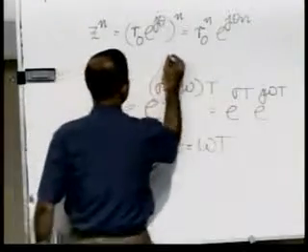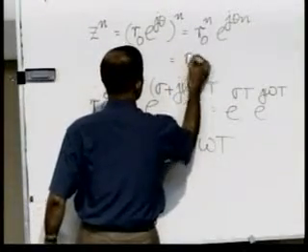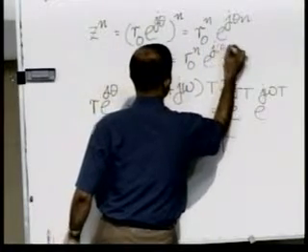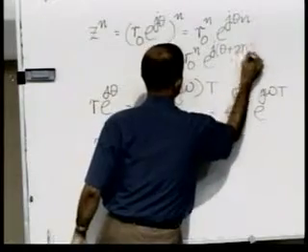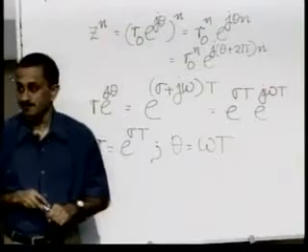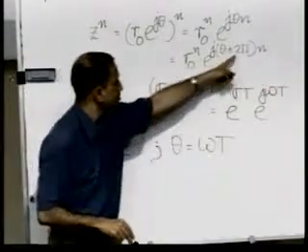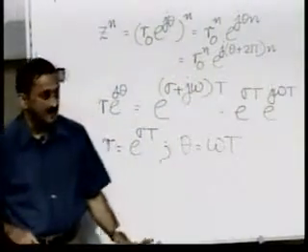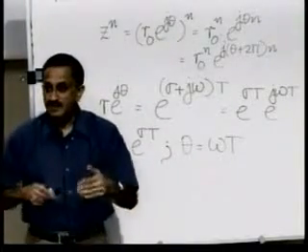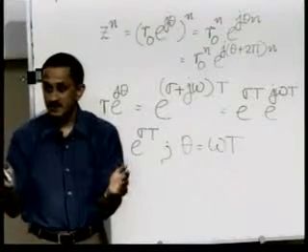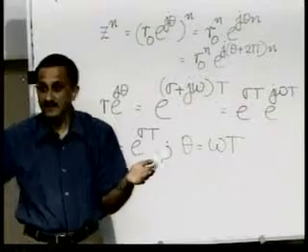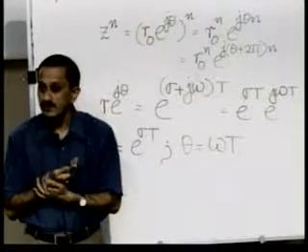Now, this is very easily shown to be equal to r0 raised to the power of n, e raised to the power j (theta plus 2 pi) n. It's very easy to show, right? We've done this before. When you introduce this, you just get a factor of e raised to the power j 2 pi n, which is 1. What does it mean? It means there are several z's which really give you the same eigensequence. Right? There are several z's which really give you the same eigensequence in a certain sense.